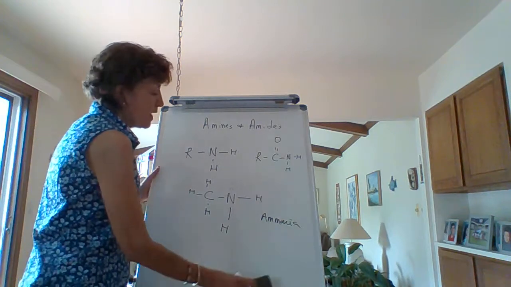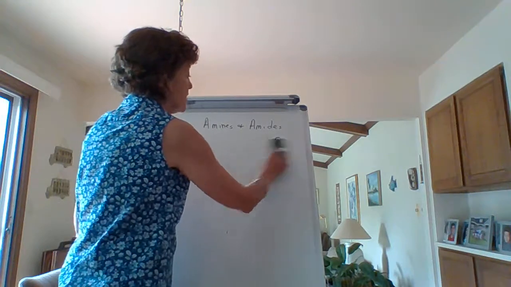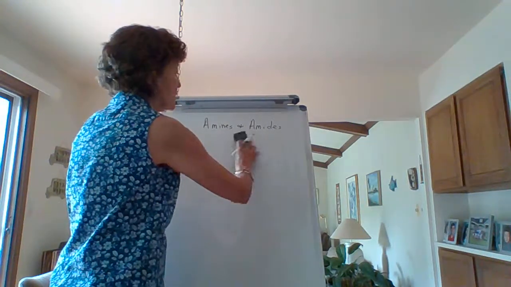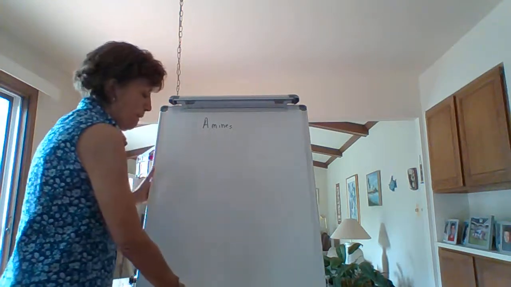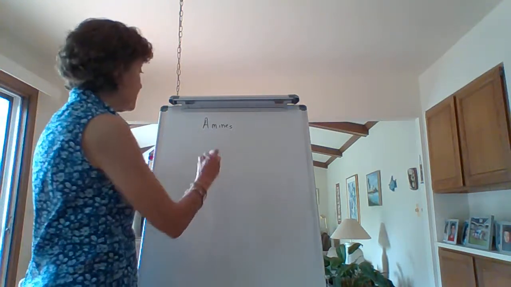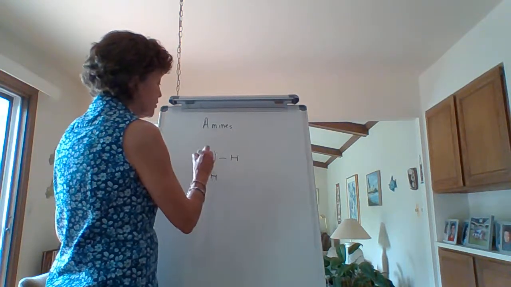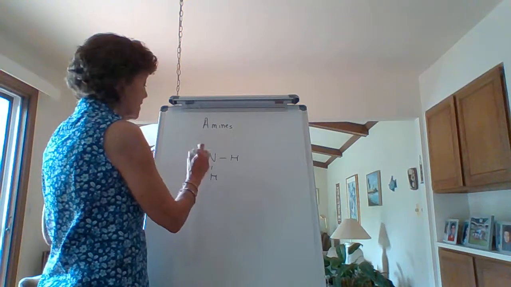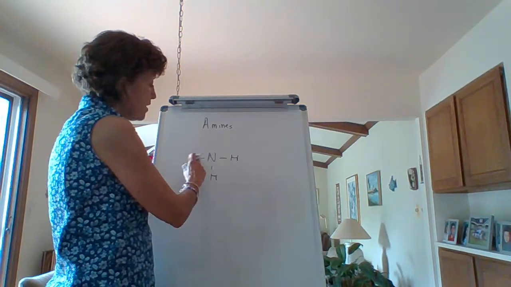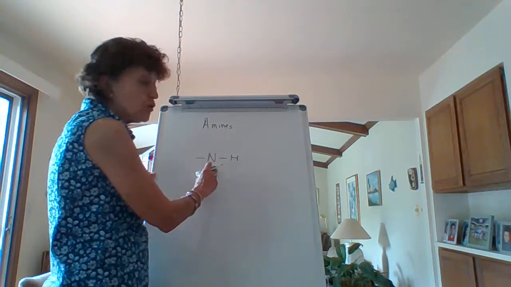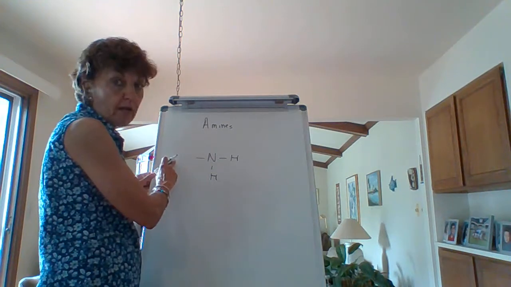Okay, we categorize amines as primary, secondary, and tertiary amines. I'm going to erase amides for now because we'll deal with them later. Primary amines have 2 hydrogens attached to the nitrogen, and then however many carbons, but basically what you need to know is that of the 3 bonds of the nitrogen, 2 of them are connected to hydrogen, and the 3rd bond is connected to an alkyl group.